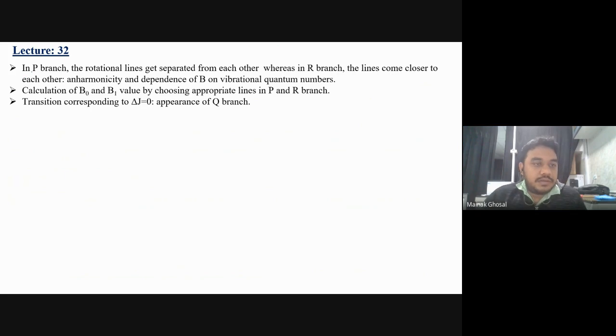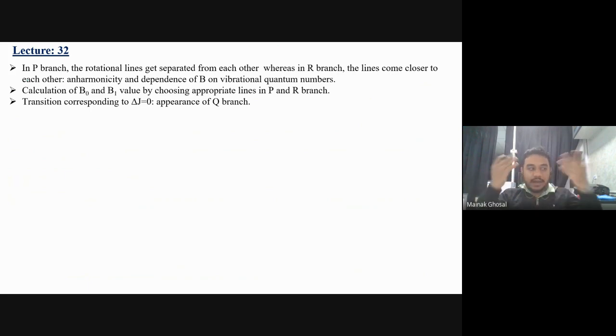What I discussed in the last discussion was how these P branch and R branch lines come about, but then there was a shift in the origin of this vibrational transition. Our discussion on rotational vibrational spectroscopy stopped there.